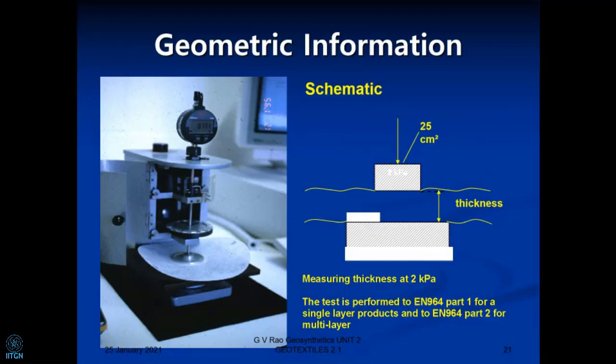We can do this as per EN 964 for a single layer. If it is multi-layered, we have to look at part 2. Multi-layer means a composite can come also. In those cases it will be slightly different, but for single layer thickness it is to be 2 kilopascals. And this plate itself is made so that it has a 25 square centimeter area.